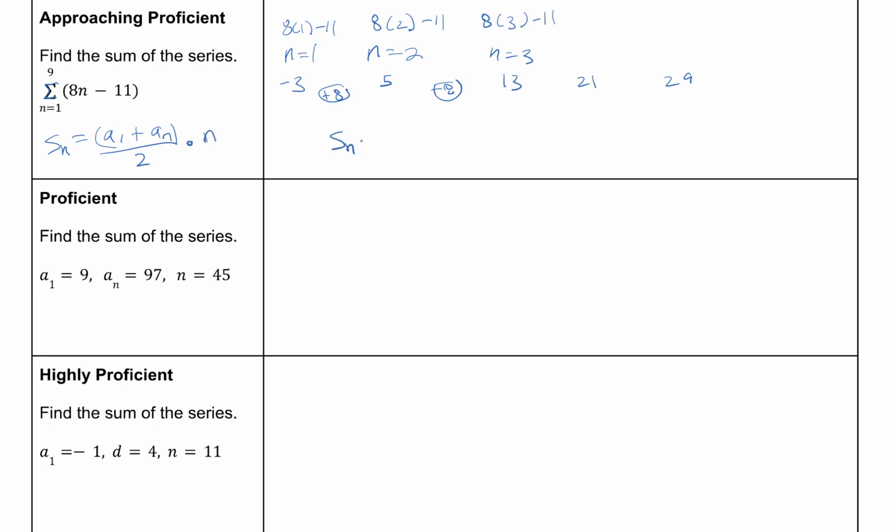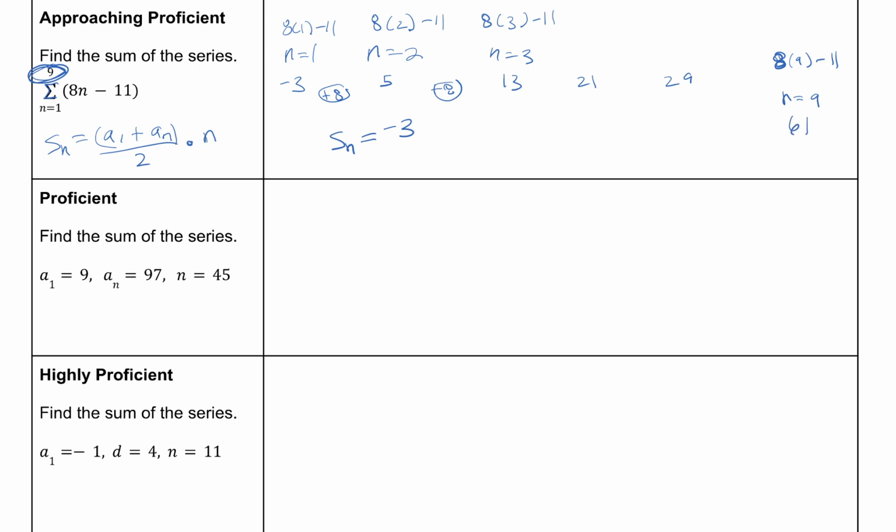So if I do this summation problem, the first term is negative 3. And I don't know what the last term is because I only went to 5 terms. But to find the last term, I look at the top of my sigma, and it's a 9. So I'm going to plug in when n equals 9. I get 8 times 9 minus 11. So 72 minus 11, and we get 61.